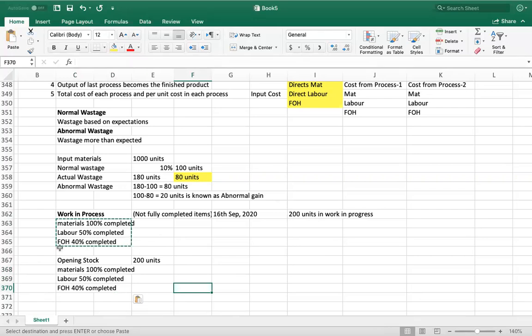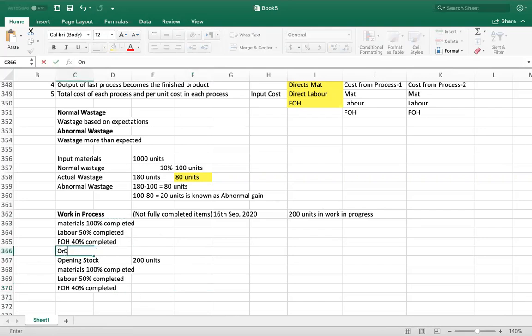If it is given as closing stock on 16th, closing of the day, it is your closing stock, and next day, 17th September, it becomes your opening stock. So it will be given in this way.